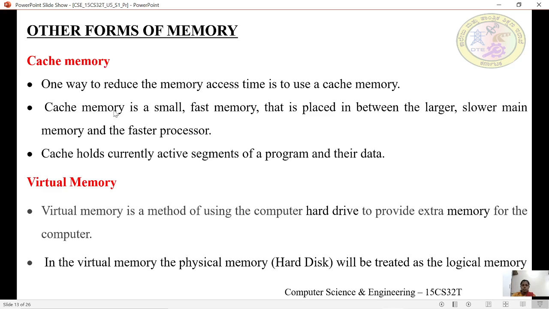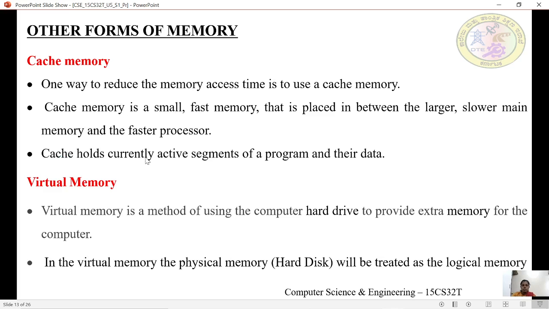If the processor wants any data, it will directly access it from the cache memory. If any instruction or data is not present in the cache memory, then only will it be taken from the main memory. That's why the operation will be faster and it is a very small memory.